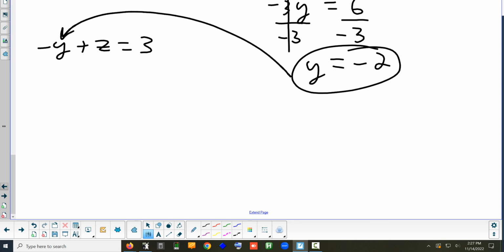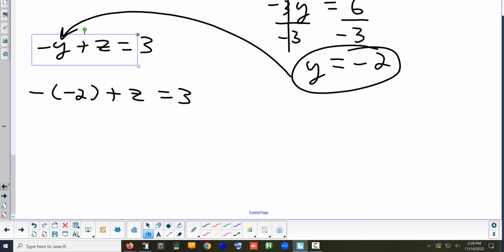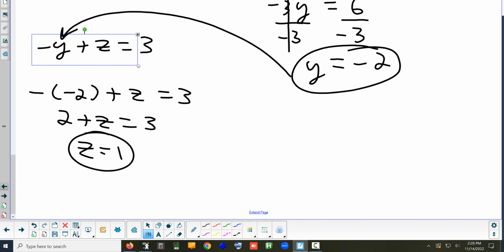Remember though, when you plug it in there, y is going to be negative 2. So negative negative 2 is 2, plus z equals 3. So then z equals, what did you say? 1. Yep. Any questions how Dustin got 1 for that?